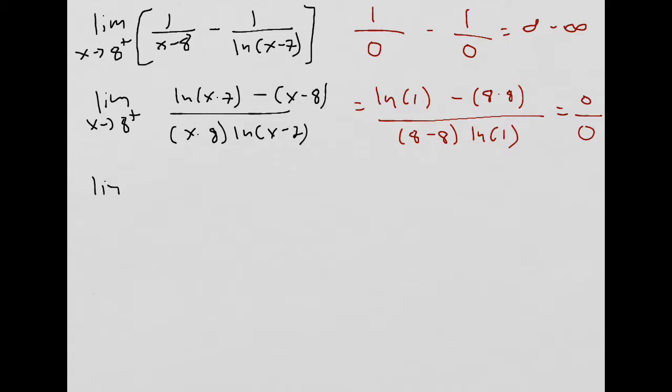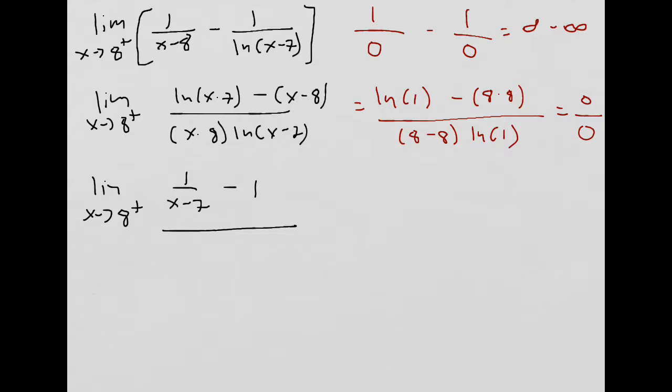So let's try that. The limit as x approaches 8 from the right side. Now this was pretty straightforward. The derivative of ln of x minus 7 is just 1 over x minus 7. And the derivative of this x minus 8 term is just going to give us a minus 1. And we'll take the derivative of the denominator. In this case, we have a product, x minus 8 times ln of x minus 7, so we're going to have to use the product rule.